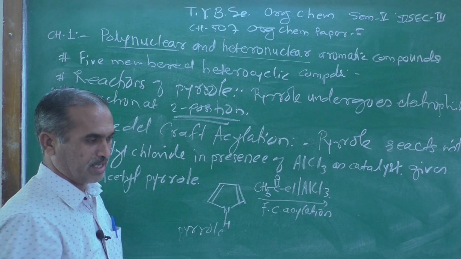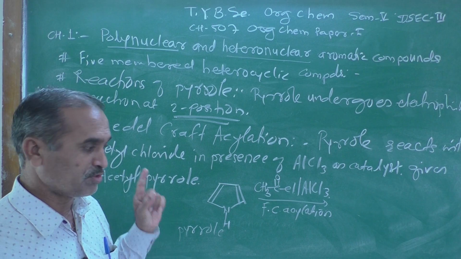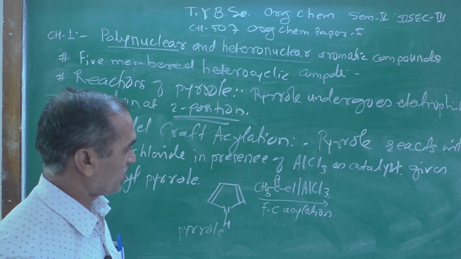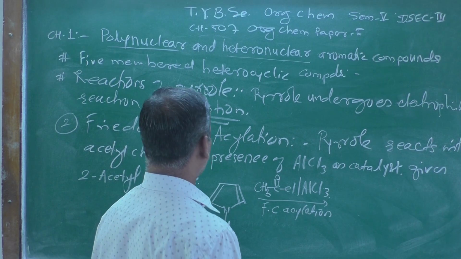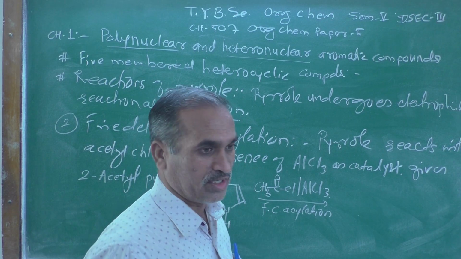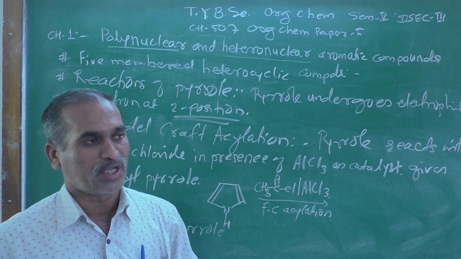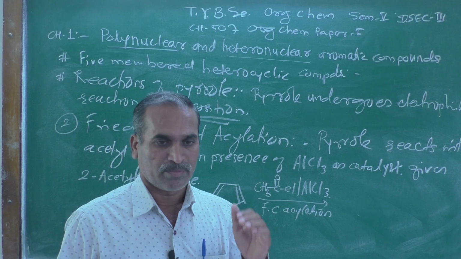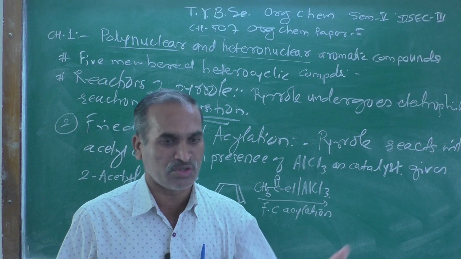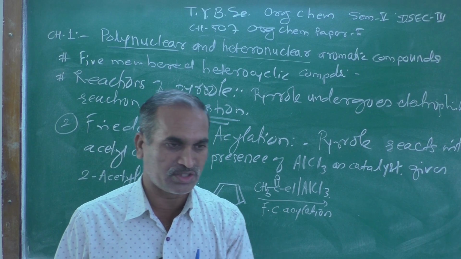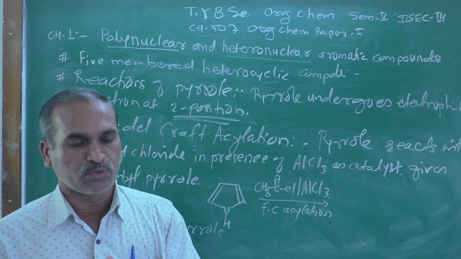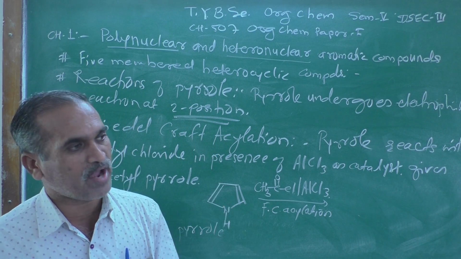I am underlining that 2 position. Why 2 position? From the resonating structures we come to know why 2 position is the preferred one. The electrophilic substitution occurs exclusively at a 2 position if 2 position and 5 position are vacant.